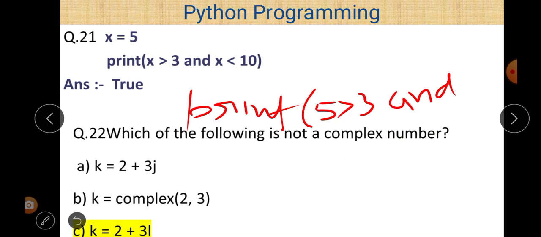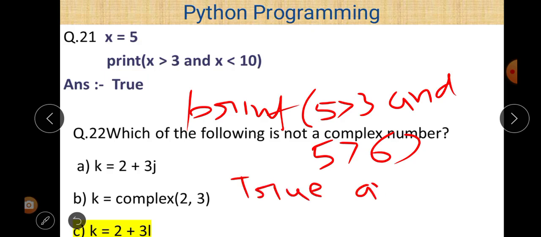For example, 5 is greater than 3 and 5 is greater than 6. So first answer is true, then there is this AND operator, and second is false. In that case, our final answer is false.